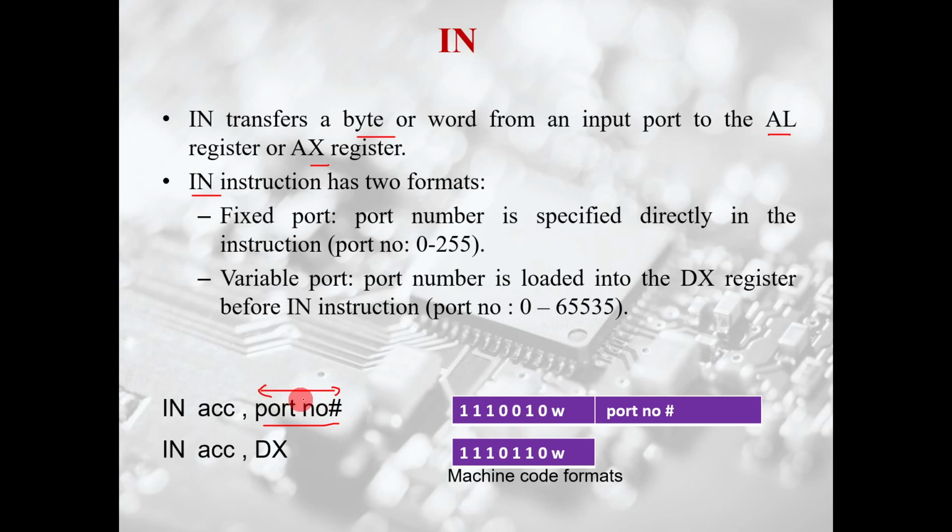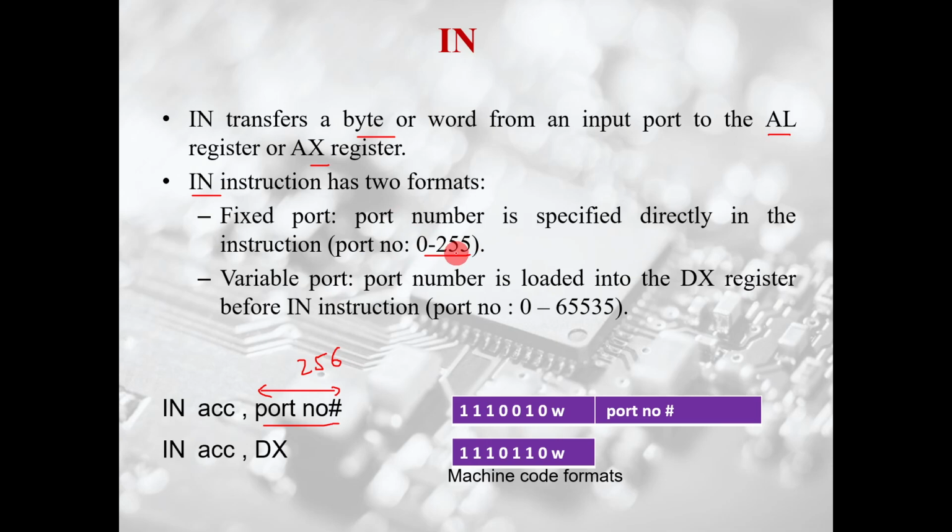So the total number of ports which can be addressed is 2 to the power of 8, which comes out to be 256. So ports 0 to 255 can be addressed like this. Apart from 1 MB of memory, you can also connect 256 ports in parallel to the 8086.